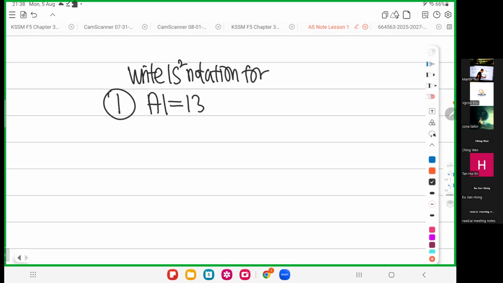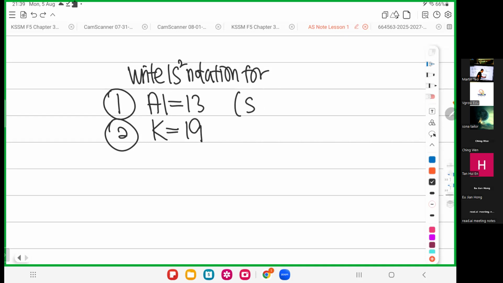Aluminium has proton number 13. Number 2, I want you to write the electron arrangement for potassium. Potassium is 19. This one, I don't want you to use the shortcut. This one can use the shortcut.